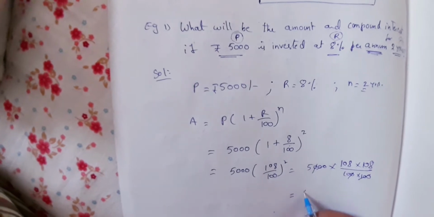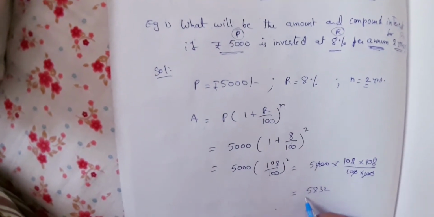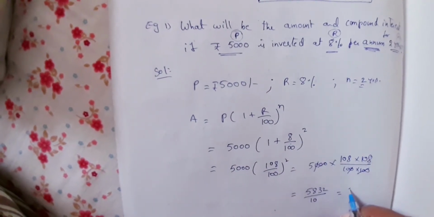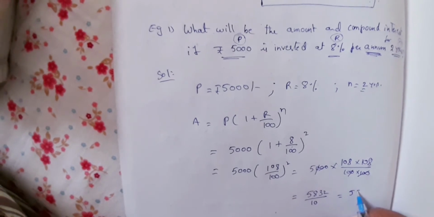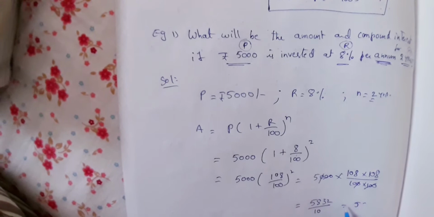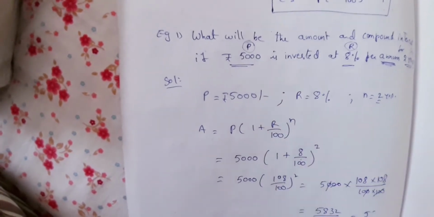So thus that is 58,320 divided by 10. Somewhere we are wrong.